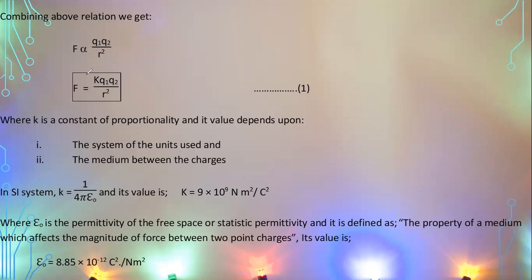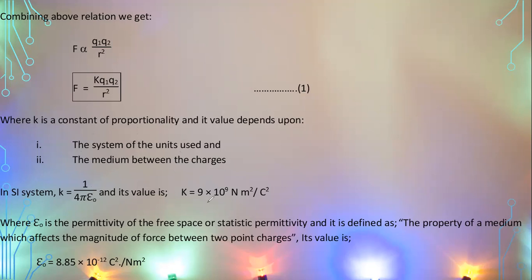The value of K is equal to 1 over 4 pi epsilon naught, and its value is 9 multiplied by 10 raised to 9 Newton meter square per Coulomb square.